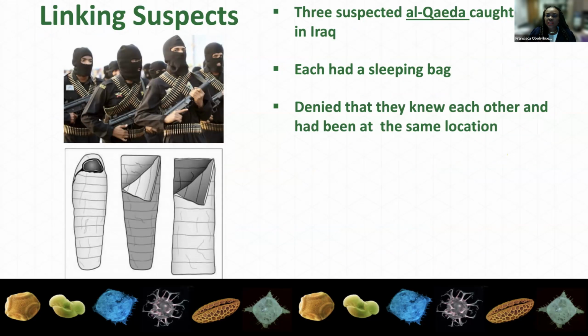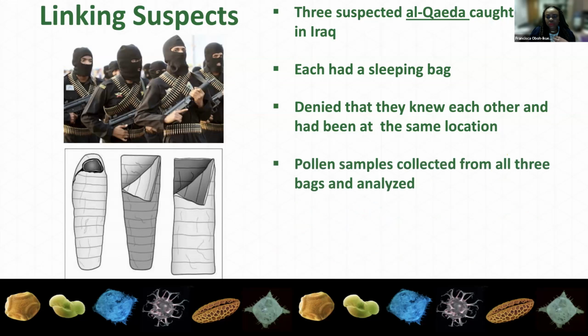Here was a case in Iraq where there were three suspected Al-Qaeda agents who had been caught, and they each denied that they knew each other. But each of them had a sleeping bag, and they claimed they were not even in the same location.